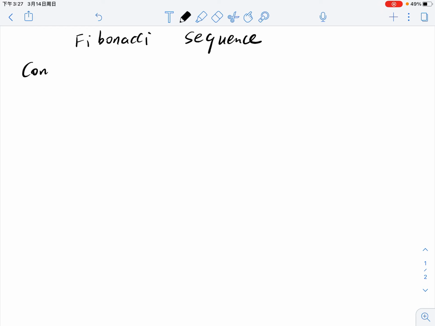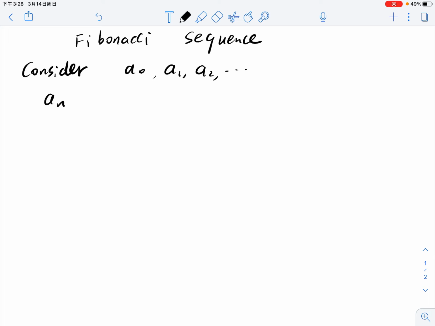But here we will only focus on its mathematical significance. So a more general question is like the following. We consider a sequence A0, A1, A2. We start with A0 because it's sometimes easier to give a closed formula for such a sequence.